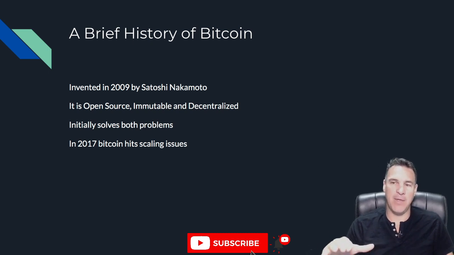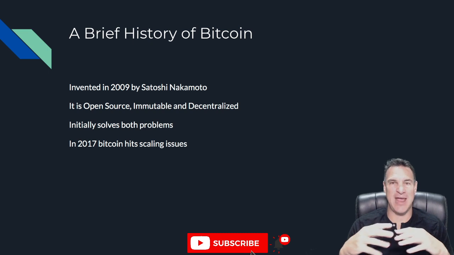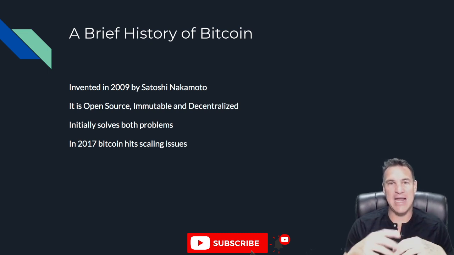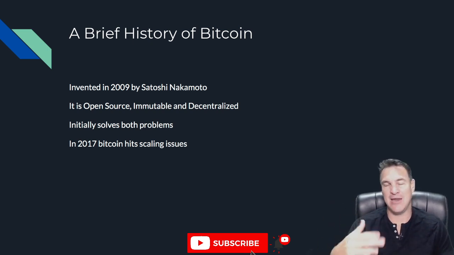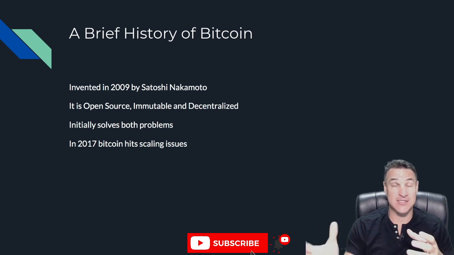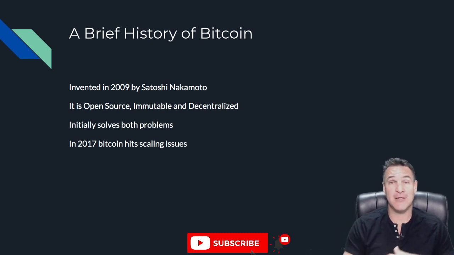And that happened because the network started to slow down. The network got clogged, and in order to get your payment through, you needed to effectively bribe the miners of the network. They are the people who preserve the network, keep it secure, and let it run. They're the people who have servers in their houses, in their basements, in their data centers, wherever they want.